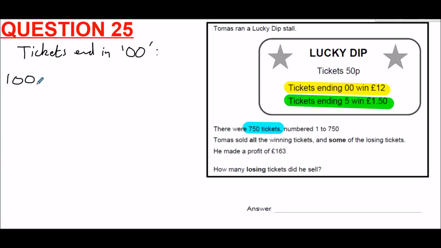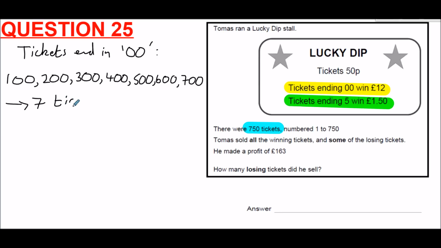So it could be ticket number 100, 200, 300, 400, 500, 600, or maybe 700. There's no ticket 800, so these are the only tickets ending in 00. So there's 1, 2, 3, 4, 5, 6, 7 tickets ending in 00. So for tickets that end in 00, there's 7 of them.